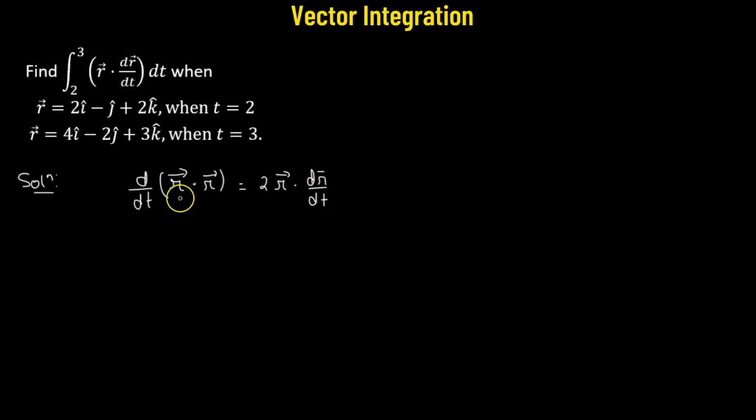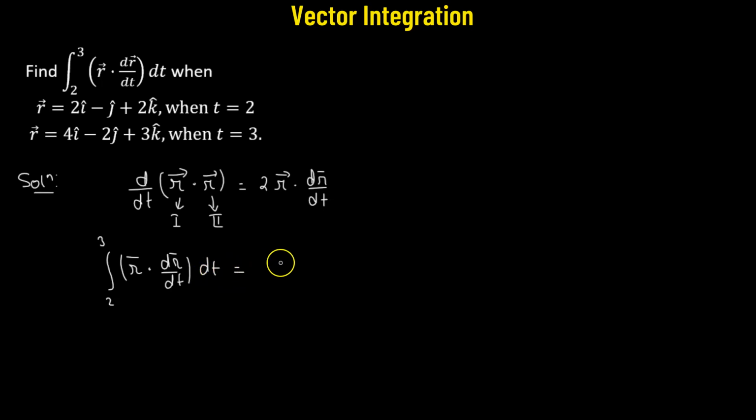Here we have assumed the first r vector to be function 1 and the second r vector to be function 2, and if we use the product rule, then this should give us the following result. So this is done such that when we take the integral with the limits going from 2 to 3, we have to compute r vector dotted with dr vector over dt integrated with respect to t.